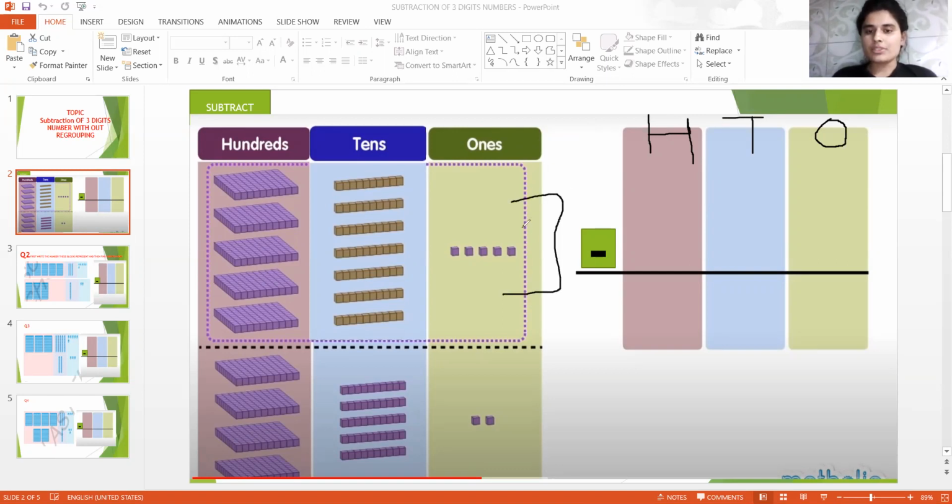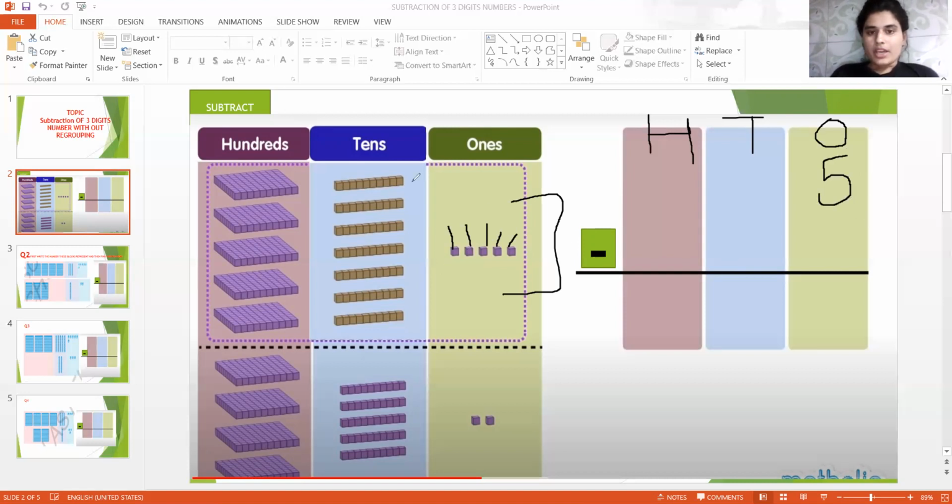Let's count. 1, 2, 3, 4, 5. How many ones? 5 ones. So write it here, 5 ones.